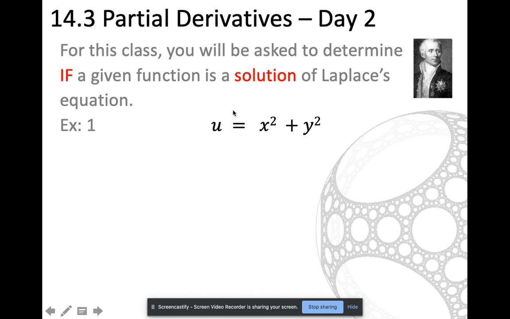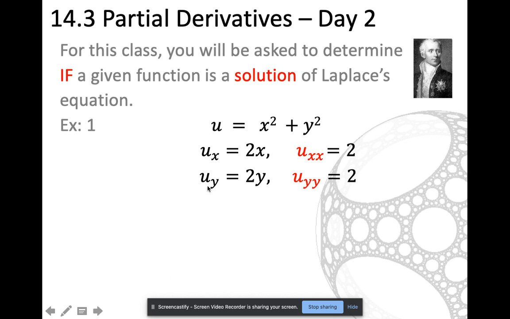If I give you a function u in x and y, I want you to find the second derivative with respect to x, right? So hopefully you can see that holding y constant, the derivative of a constant is 0, so the first derivative of u with respect to x is 2x, and then taking the derivative of 2x with respect to x is just 2.